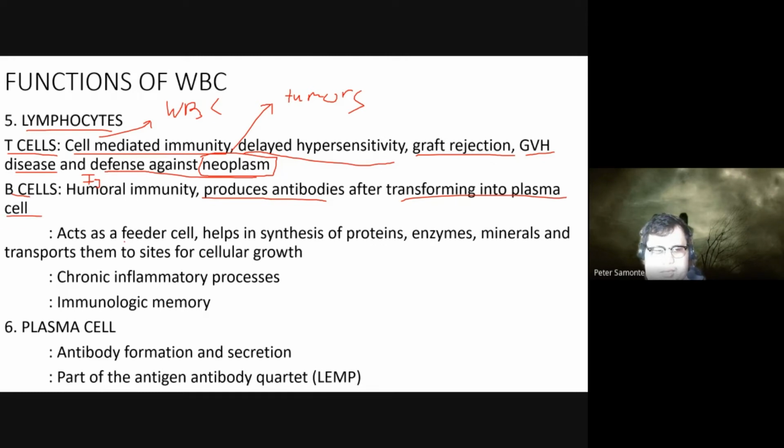They would also act as a feeder cell in the synthesis of proteins, enzymes, minerals, and transports them to sites for cellular growth. Seen in chronic inflammatory processes and immunologic memory.